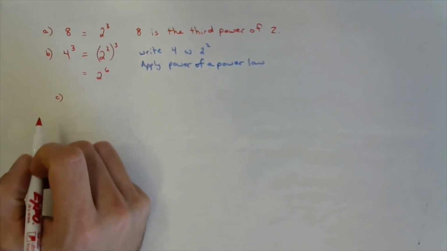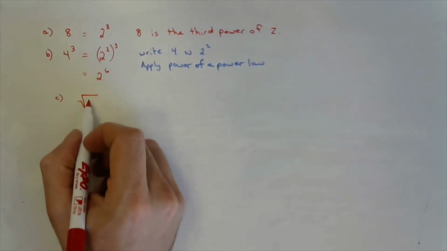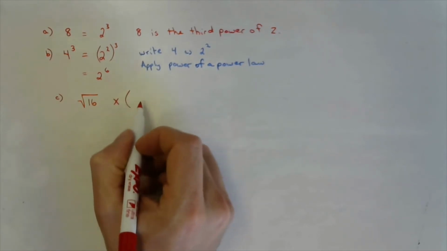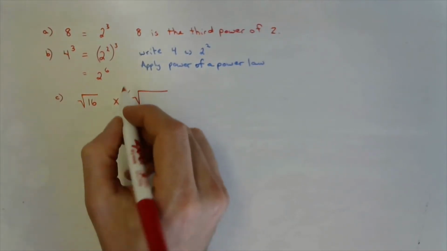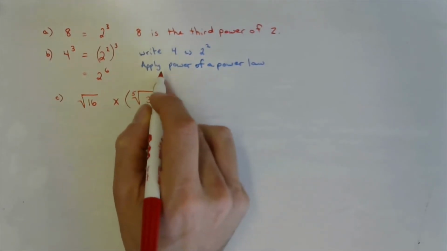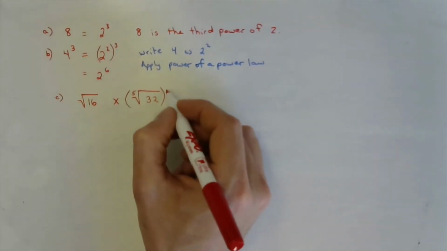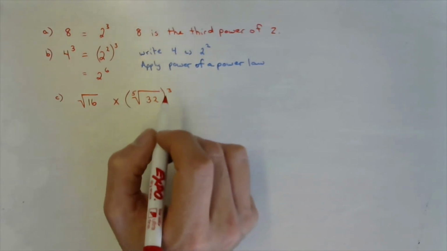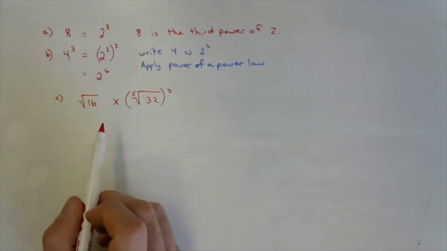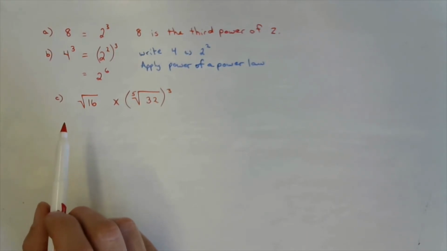C gets a little trickier here. We have the square root of 16 times the 5th root of 32, and that raised to the power of 3. So again, the square root signs can look a bit awkward.